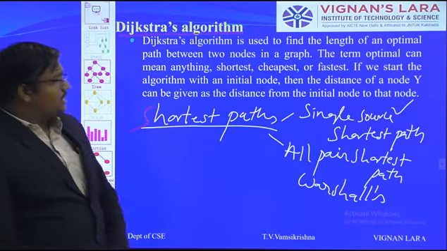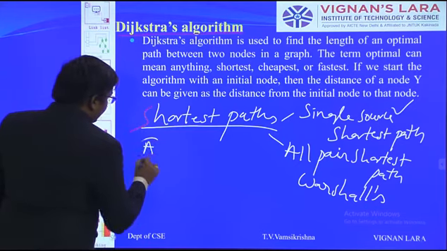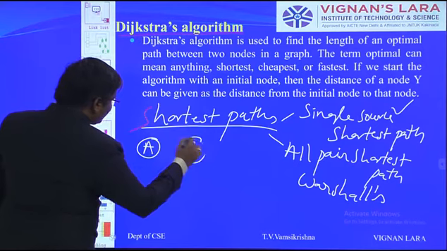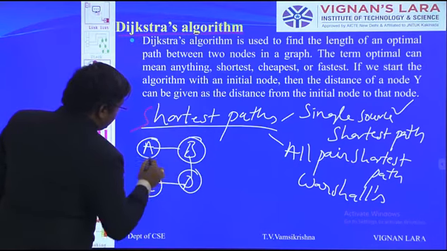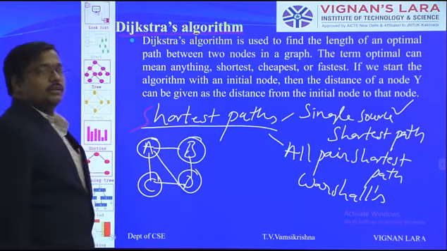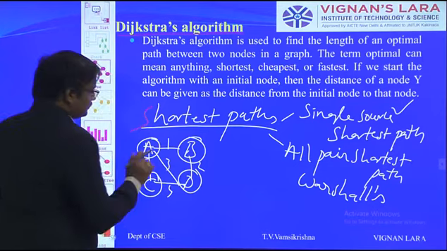So what is the difference between single source and all pair? Say, by taking an example, A, B, C, D. So this is a graph, and here some distances are there.